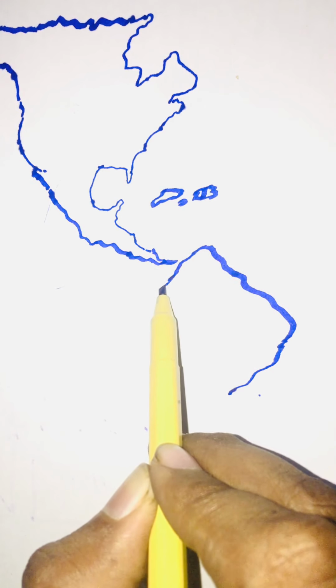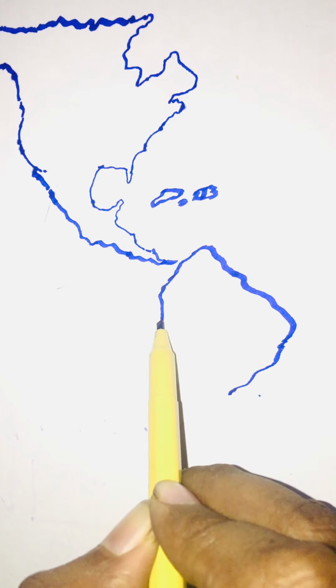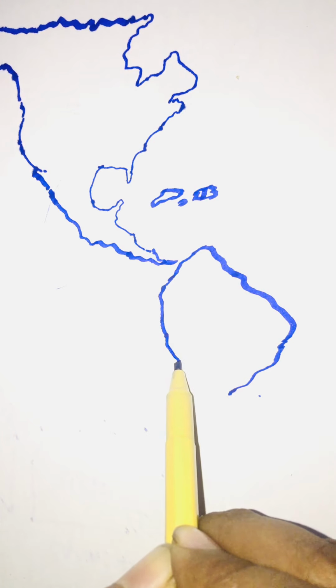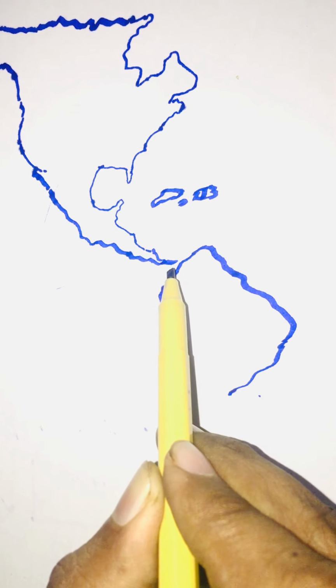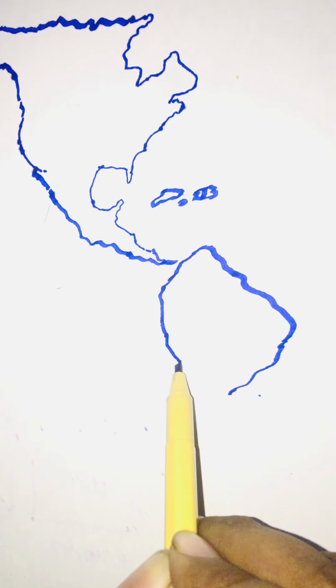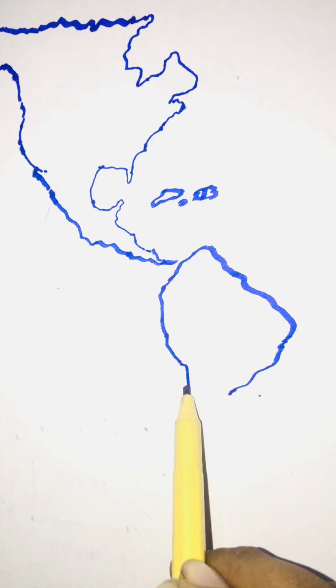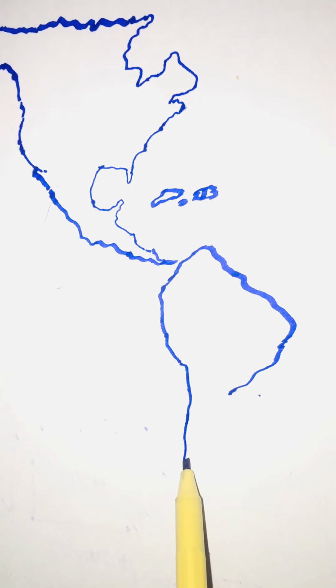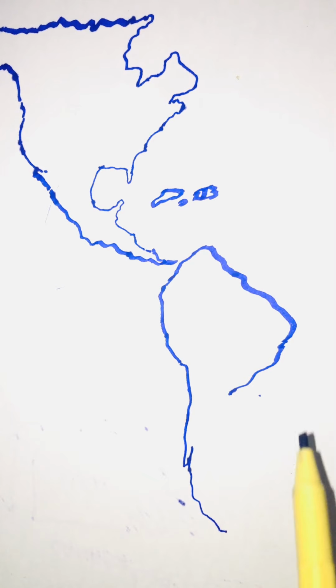From here you are making it abruptly very close to this point to make the state of Chile, and from there there is an outward projection in Chile, and you again go this way.